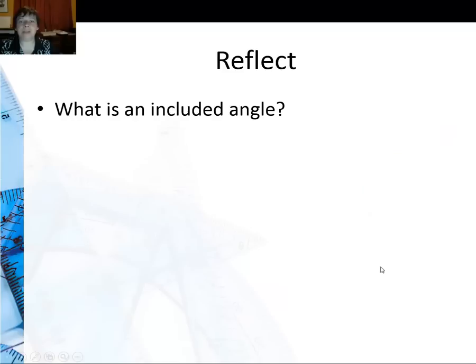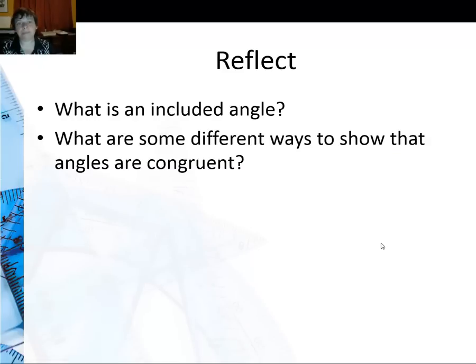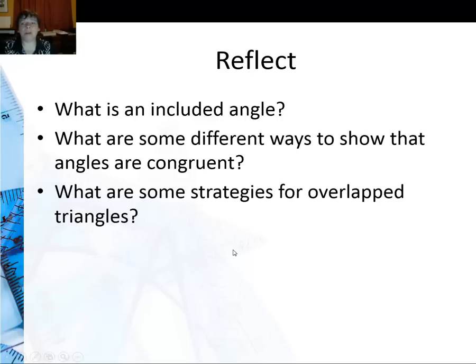So for further reflection, what is an included angle? It is the angle where the two sides meet. What are some different ways to show that angles are congruent? Well, you have vertical angle theorem, angle bisector, perpendicular bisector. A lot of those will help you find congruent angle pairs. What are some strategies for overlapping triangles? Redraw them separated.